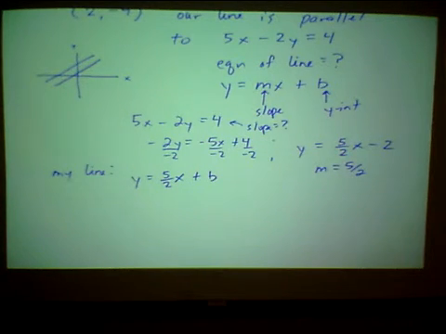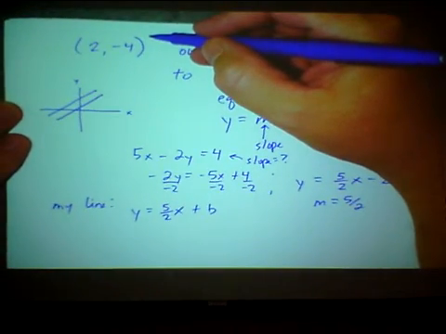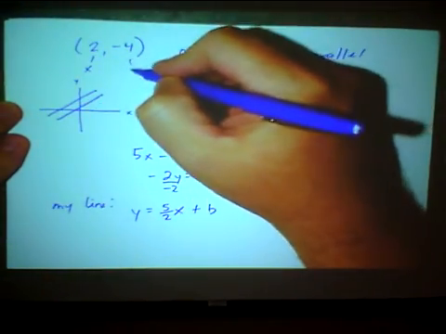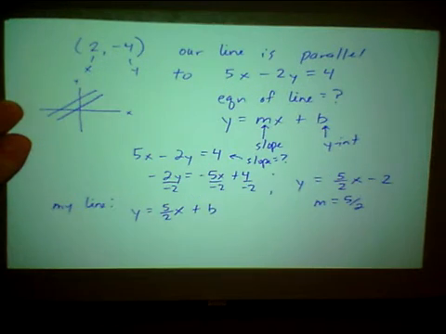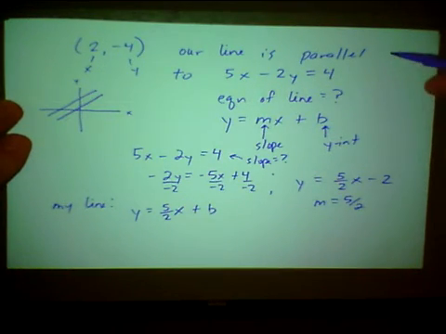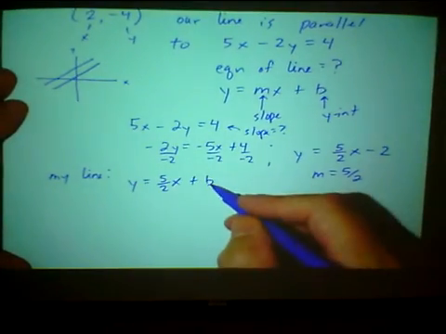I think the easiest way is, I know a point on my line. If I go back up here, (2, -4) is a point on our line. That 2 represents the value of x when the y is -4. I'm going to go into the equation for my line and plug in 2 for x and -4 for y. And when I do that, then I will have a way to calculate the b.